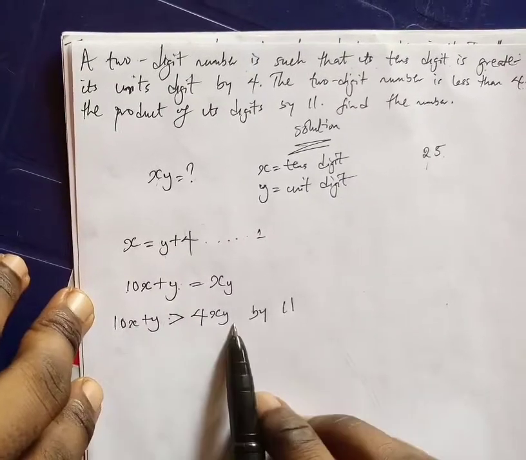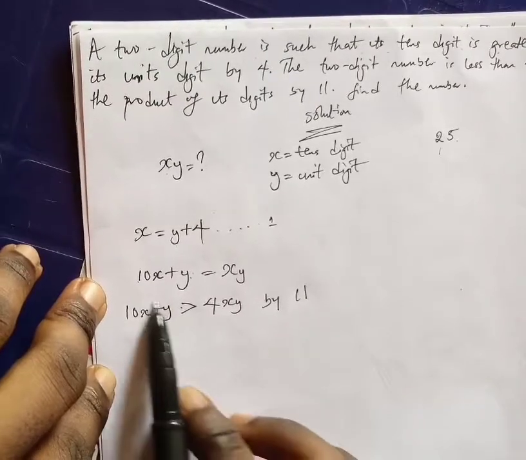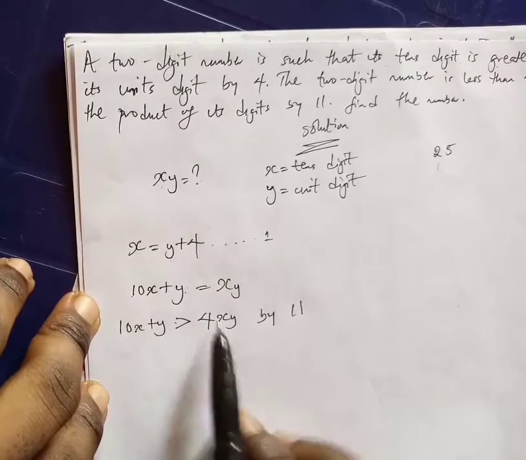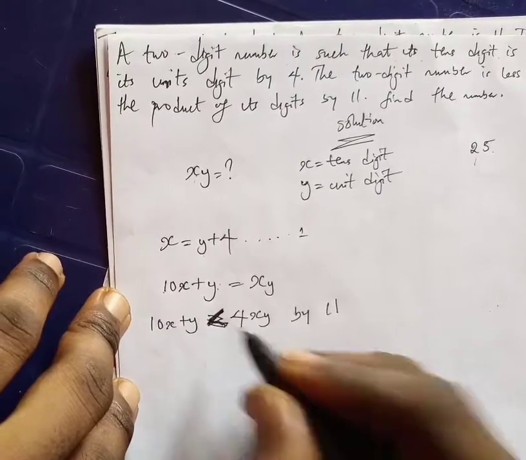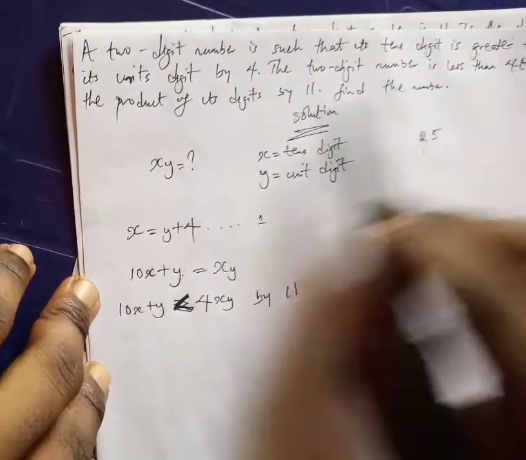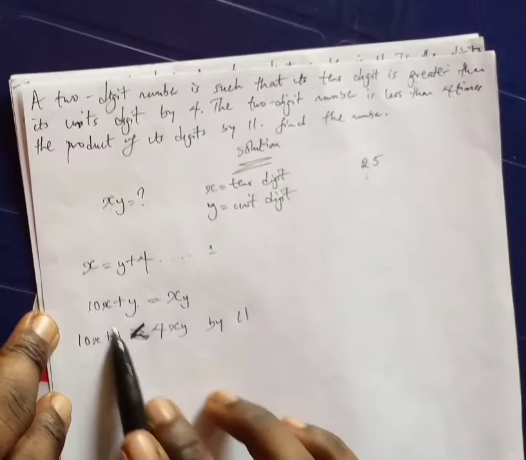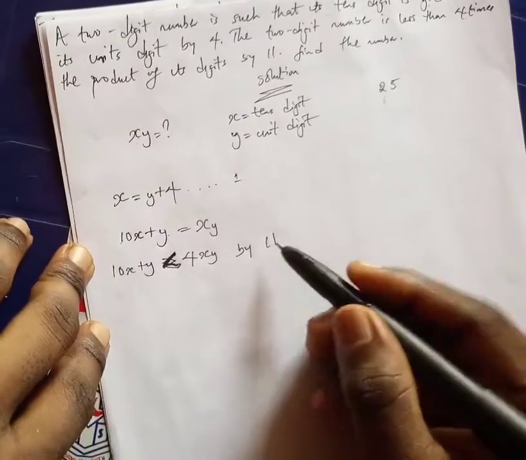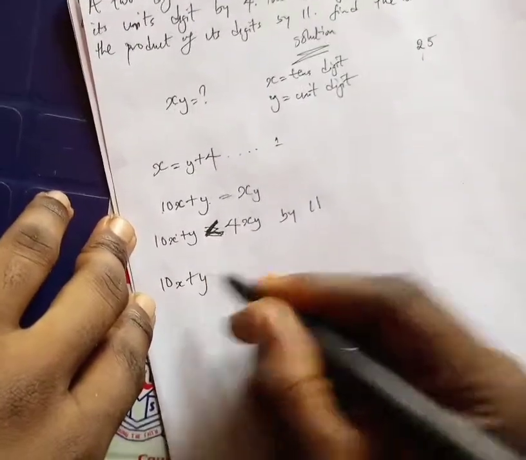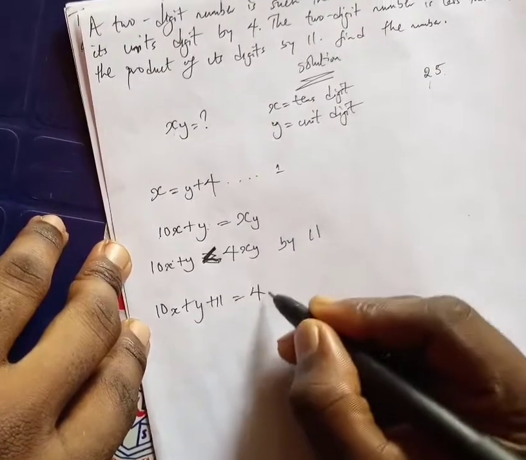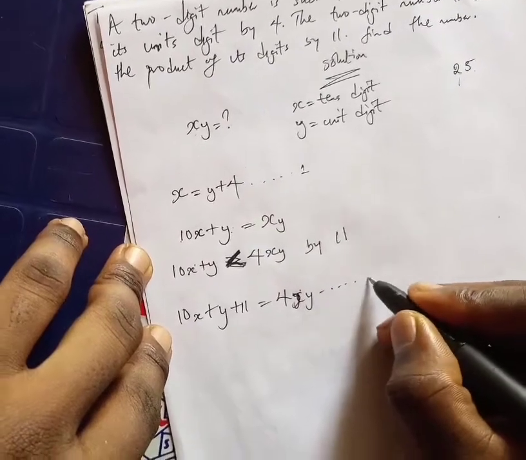Oh, sorry, this is supposed to be less than, not greater than, because they said the two-digit number is less than 4 times its product by 11. So this is less than this by 11. That means if I add 11 to this, both of them will be equal, which is 4xy. Let's call this equation 2.